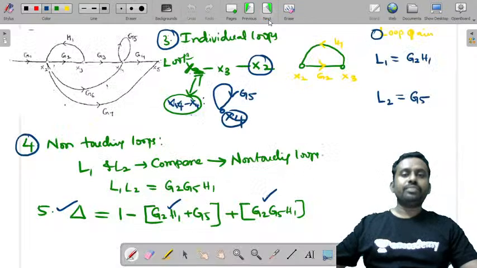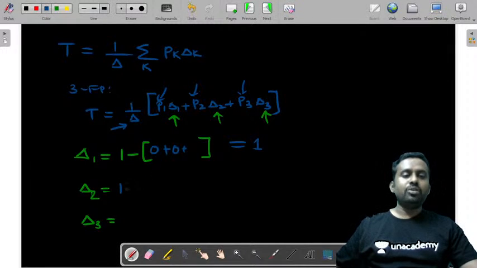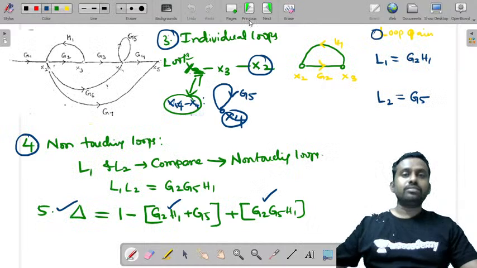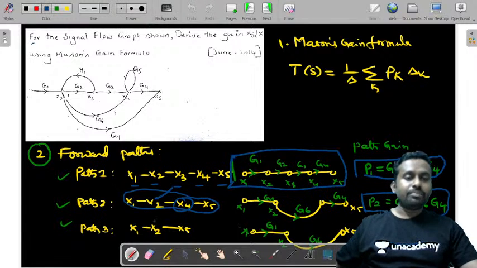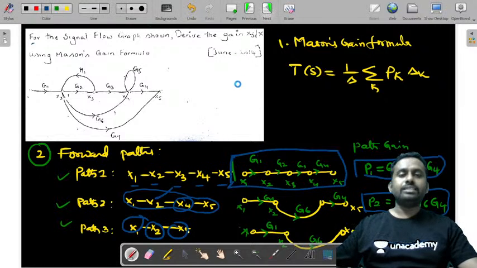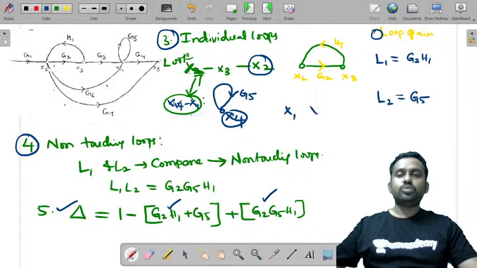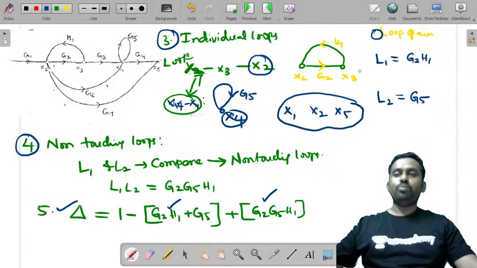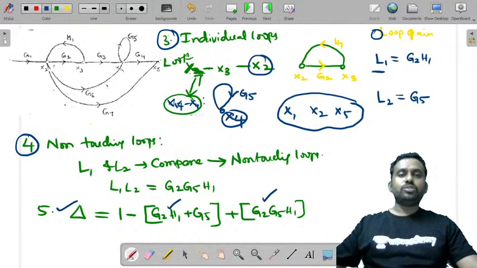So the loop gains will be 0 for the second one and the delta 2 value will be 1. Now coming to the third one, pay attention here. Path 3 has x1, x2 and x5. Now compare loop 1, compare x2, x3.